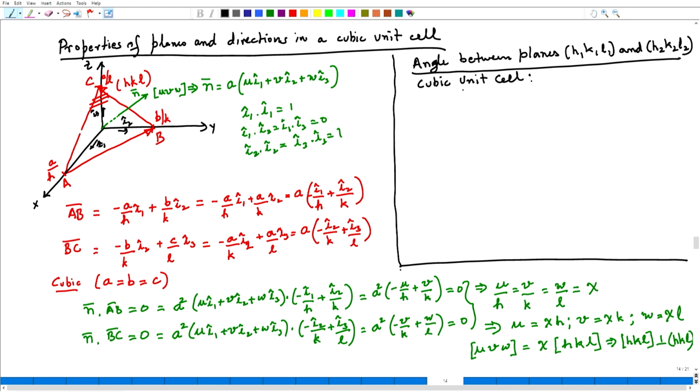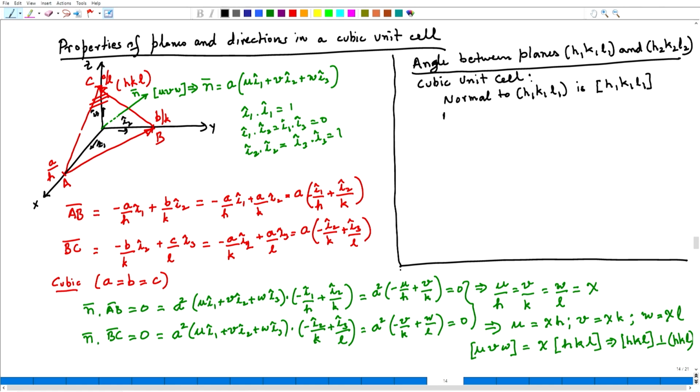So, just from the previous discussion, normal to H1, K1, L1 is the direction H1, K1, L1.